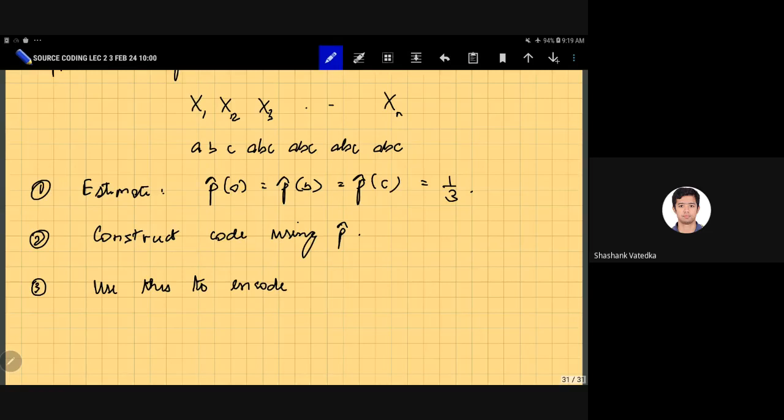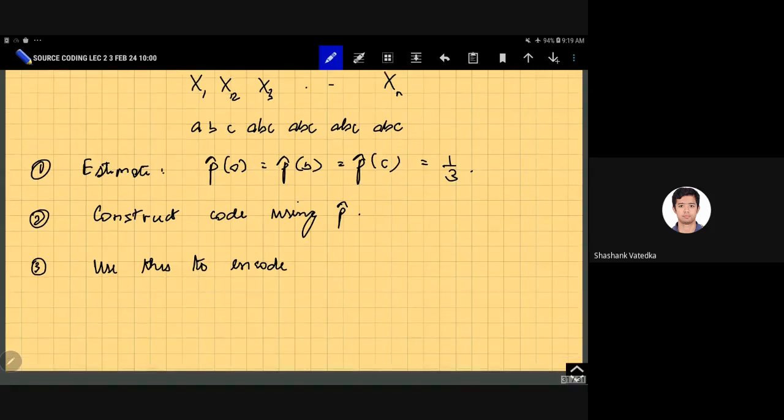So if I try to design a Huffman code for this particular sequence, what would it look like? 0 1 0 1 1 would be one potential Huffman code.